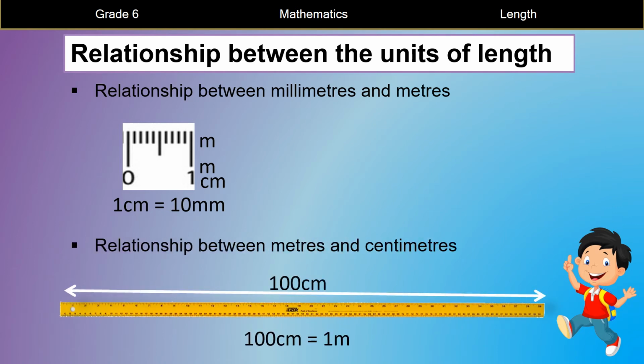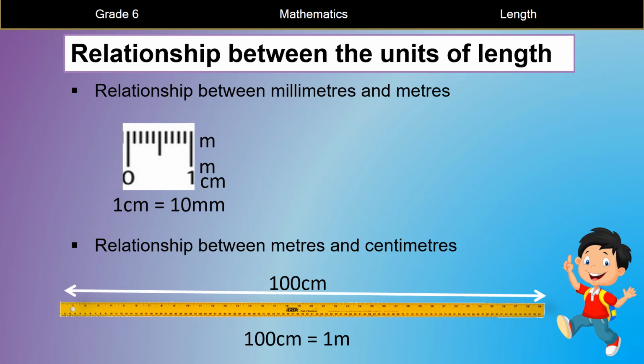Now let's identify the relationship between meters and centimeters. This is a meter ruler. All of you know and may have seen this meter ruler. When you look at this meter ruler carefully, we can see that it is divided into 100 centimeters.